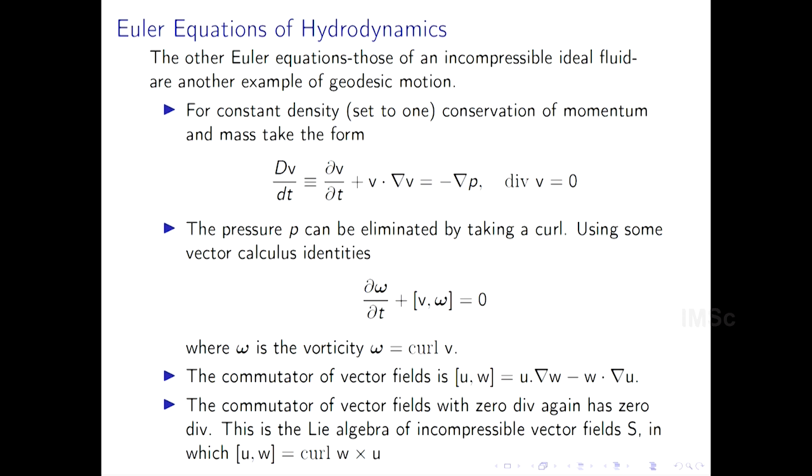And the operation of taking the curl defines an inner product in the space of incompressible vector fields. So it defines a left invariant metric on the corresponding Lie group, and these equations describe the geodesics in that Lie group. So this is an observation of Arnold, and he used that to prove some results about fluid mechanics.